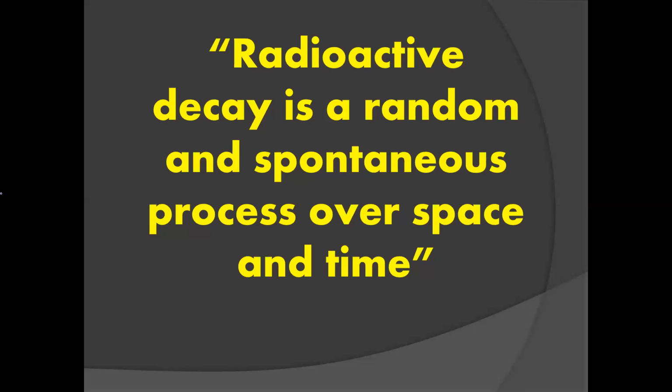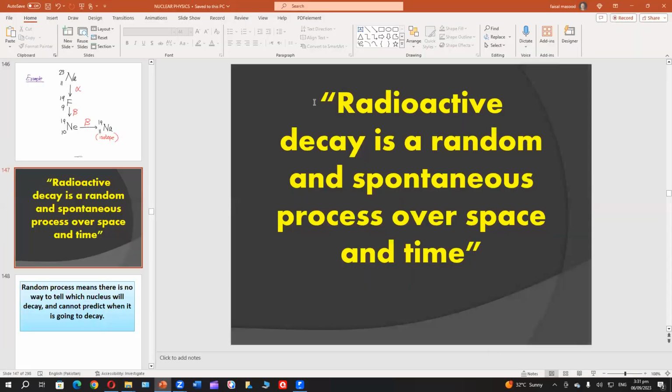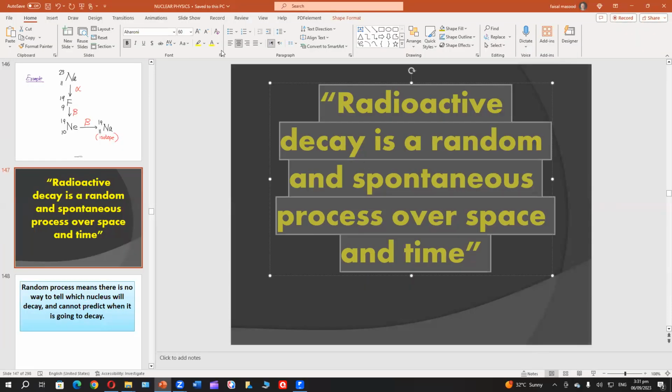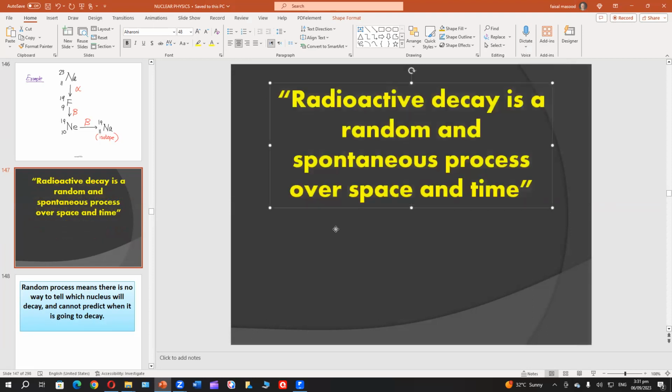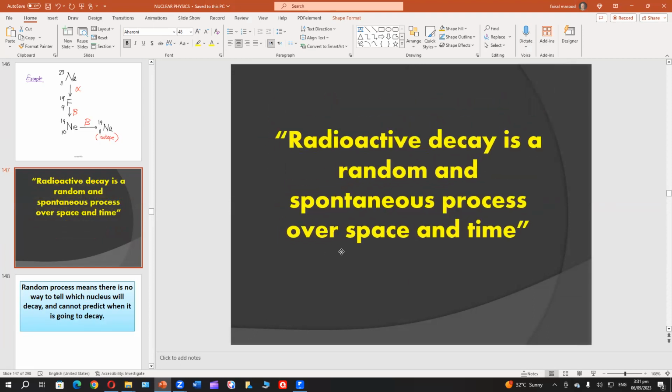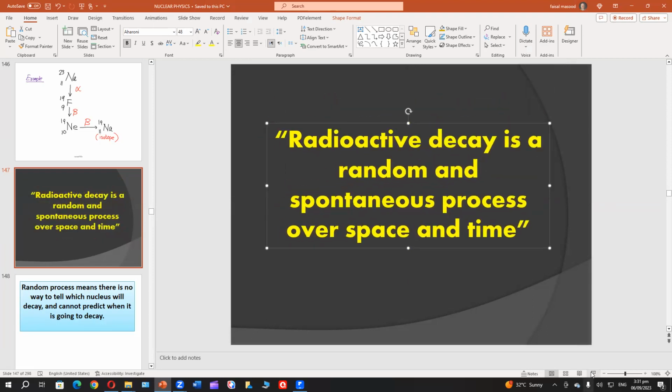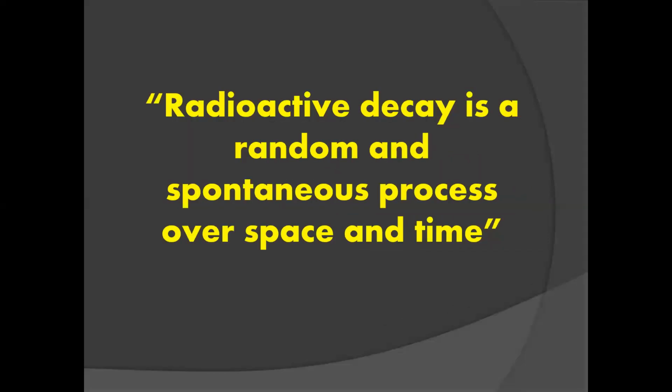Radioactive decay is a random and spontaneous process over space and time. This is our next concept for today, that radioactive decay is a process which is random. Random means something which is not predictable, and spontaneous means something which occurs by itself.